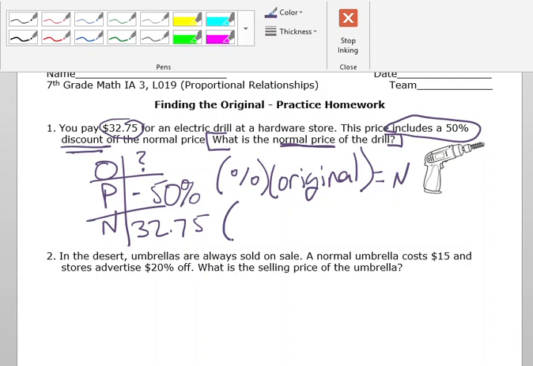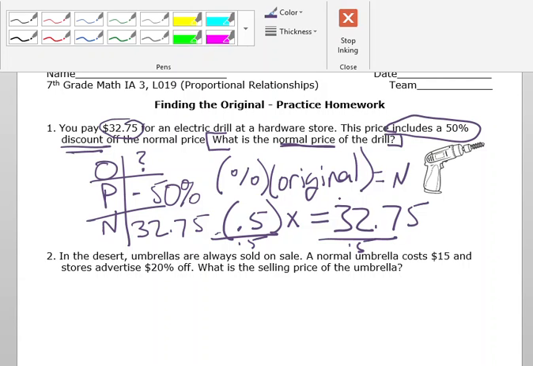I paid 50%, so 0.5 times X is equal to 32.75. I divide both sides by 0.5, and it's really just 32.75 times 2, which gives me 65.50.